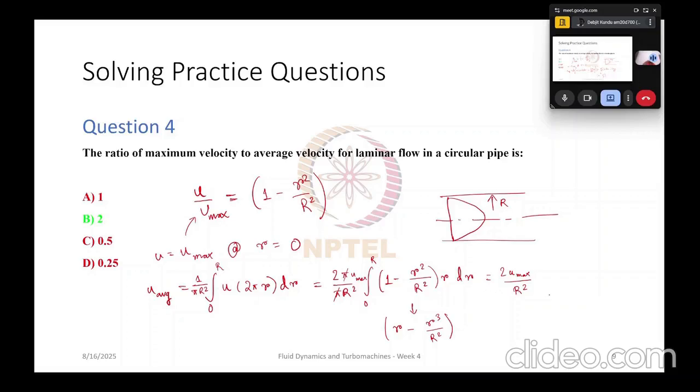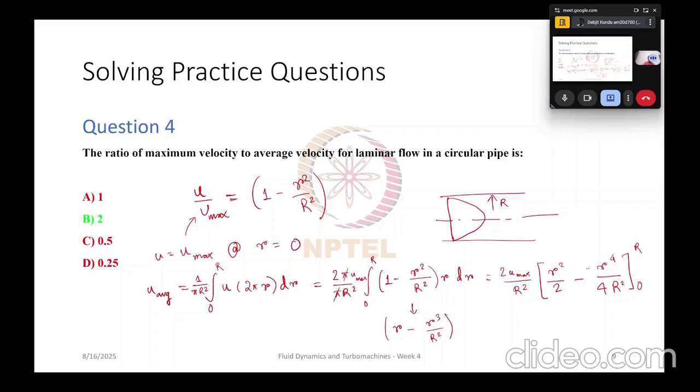And if I integrate with respect to dr, what do I get? I get r squared by 2 minus r power 4 by 4 capital R squared, and this goes from 0 to R. So at 0, this is 0.